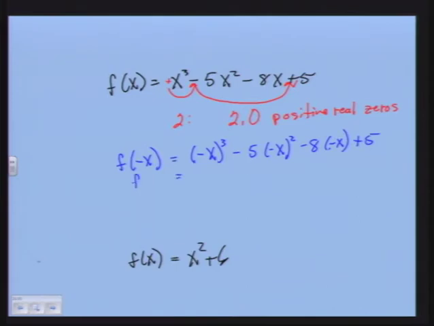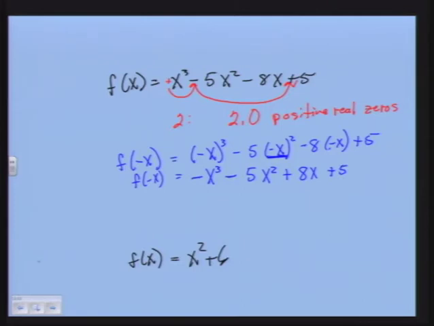Work on that just a little bit. And I find negative x cubed is opposite of x cubed. When I square opposite of x, I get x squared, so this is minus 5x squared. Negative times negative is positive, so positive 8x plus 5.